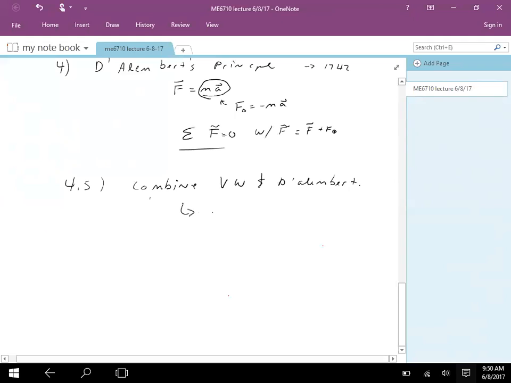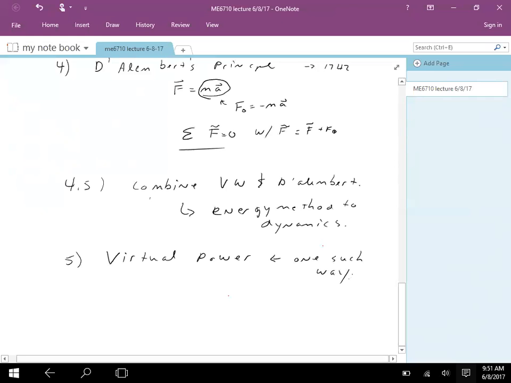We can now apply this energy method for dynamics. And one of the ways to do that is a method of virtual power. So virtual power, which is sort of one such way.